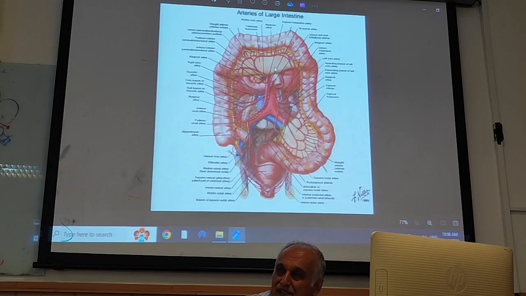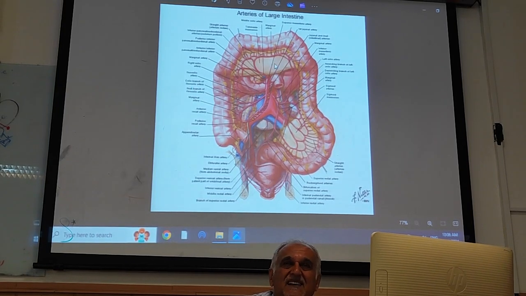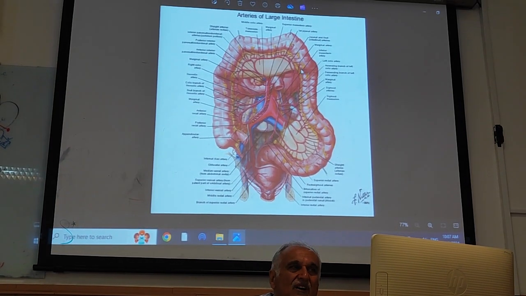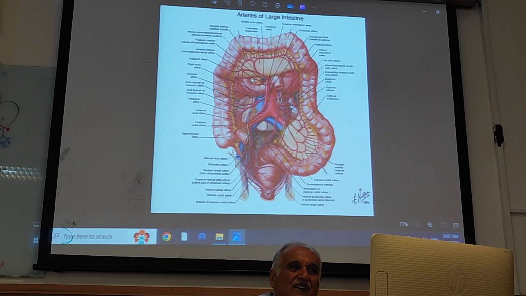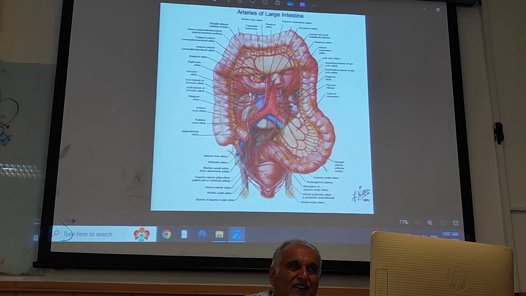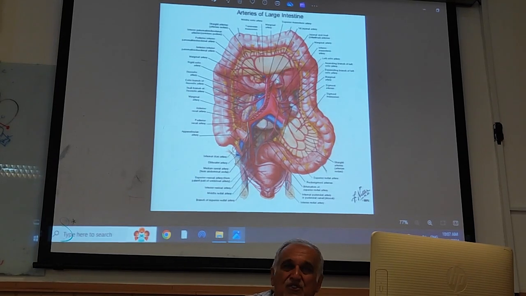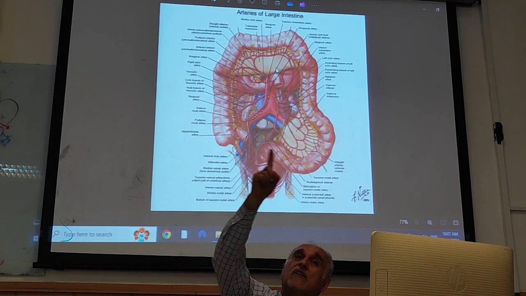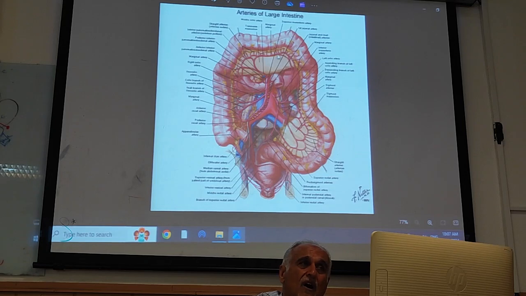This space, look at this space. There is the least junction between these arteries. If you look here, they are connected to each other. Here there are a lot of arteries. Here again we have. But here there is not any extra connection between these two. So, this space is named the Riolan space. This one is Riolan arc, and this one is Riolan space.